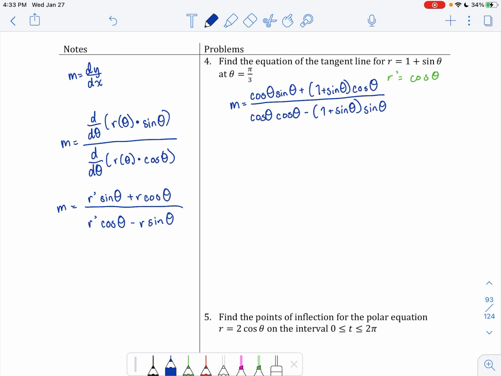So in this case, we have cosine theta sine theta plus cosine theta plus cosine theta sine theta all over cosine squared theta minus sine theta minus sine squared theta. If we remember our formulas, and this is, again, a nice place to remember those.